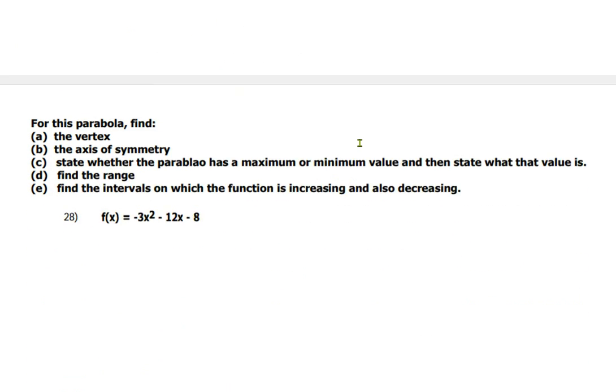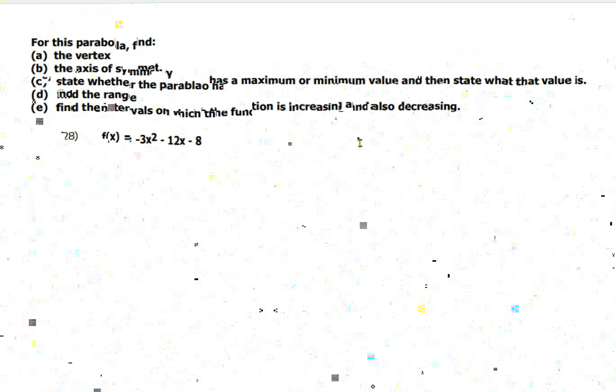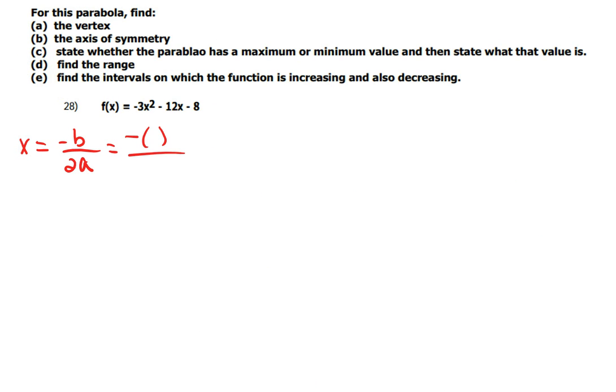And then 28 has parts A, B, C, D, and E. The first one was find the vertex. Okay, remember when you're finding the vertex, the x coordinate is negative b over 2a, that calculation. So it's negative of whatever b is over 2 times whatever a is.